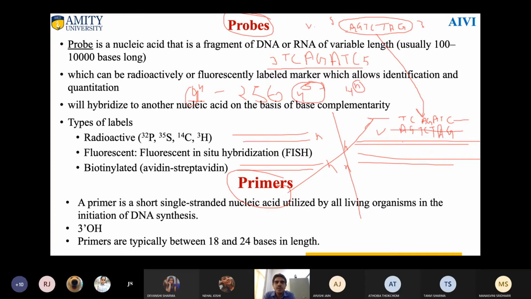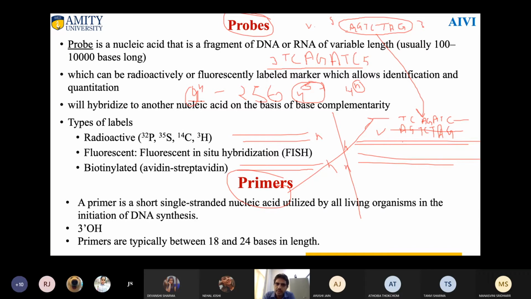Now this you are going to call the probe. If you decrease the nucleotide length, and we are not going to use it for that way of detection but for DNA amplification, that we talk about in terms of PCR, DNA replication, then if you are utilizing this complementary sequence for your polymerase chain reaction or DNA replication, we call it a primer.